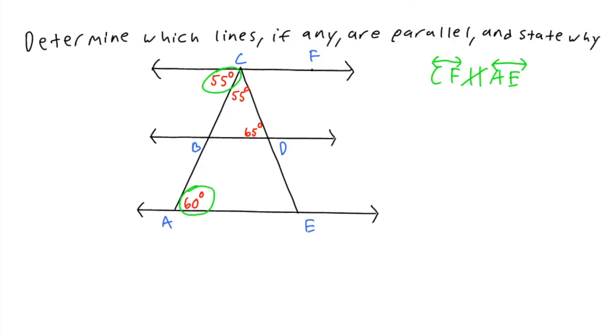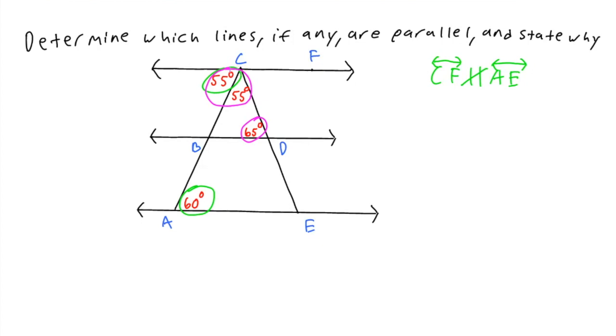Another thing to notice is, let's look at transversal CE. With that, we've got an angle here, 65 degrees, and then one thing you may not have noticed right away, but another angle is this angle here. This angle here combines both of these.